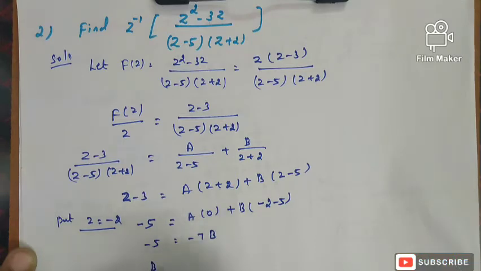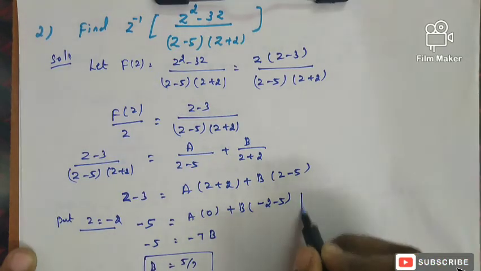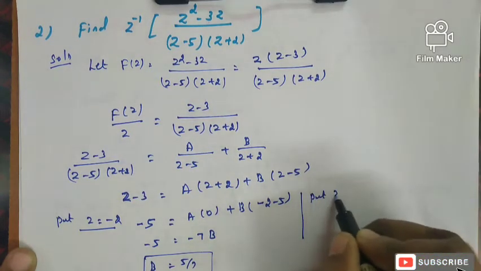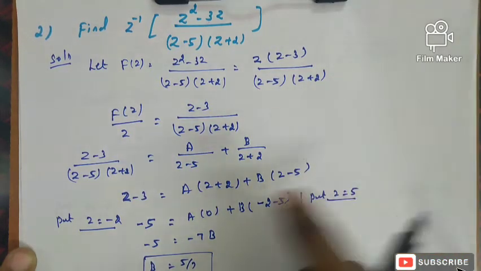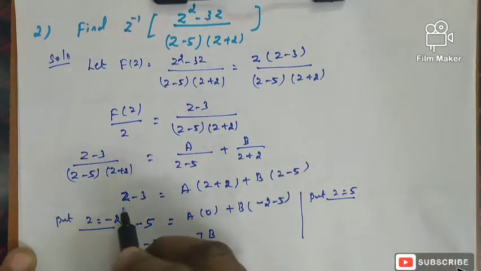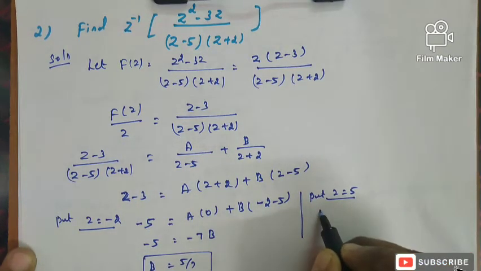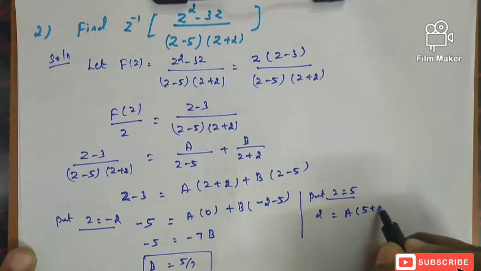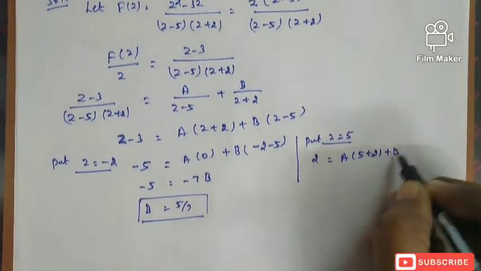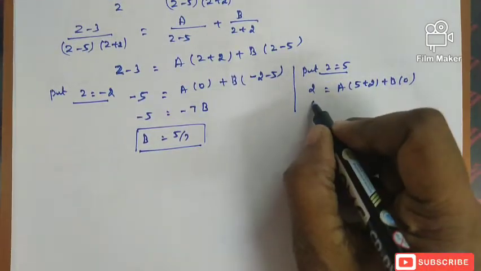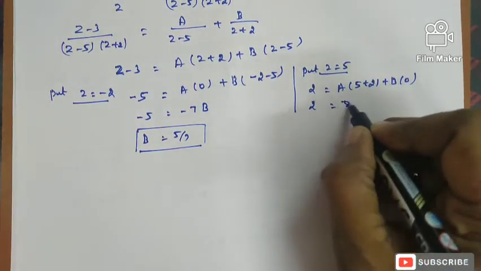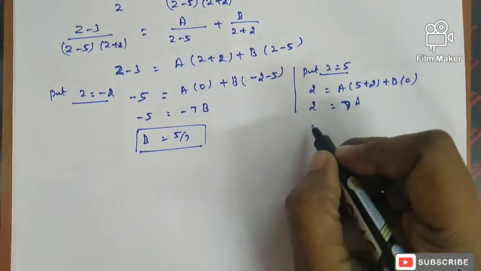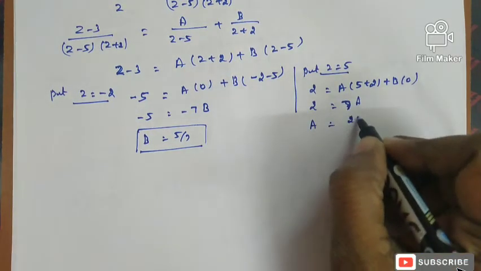We get b equal to 5 by 7. Likewise put z equal to 5. When you give z equal to 5, what will happen? 5 minus 3, that is 2, equals a into (5 plus 2) plus b into 0. So 2 equals 7a, which implies a equals 2 by 7.